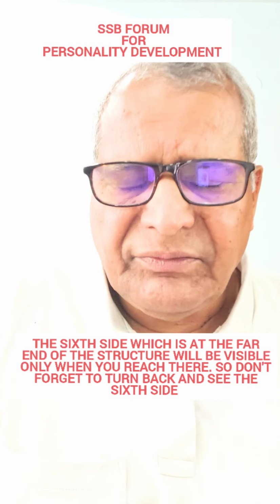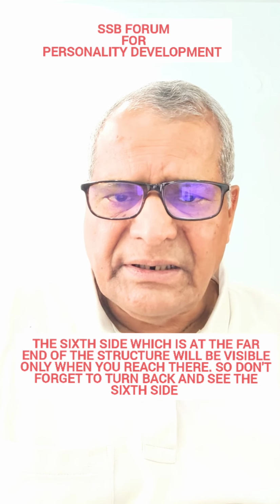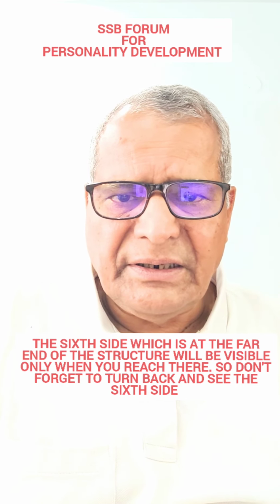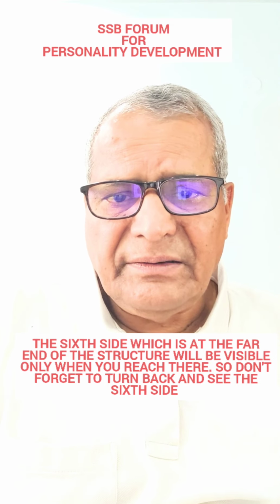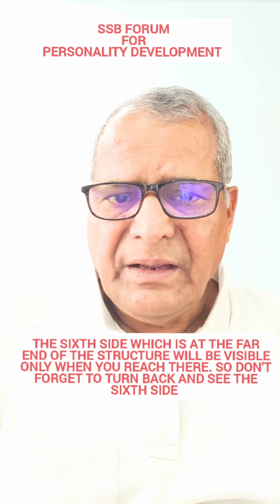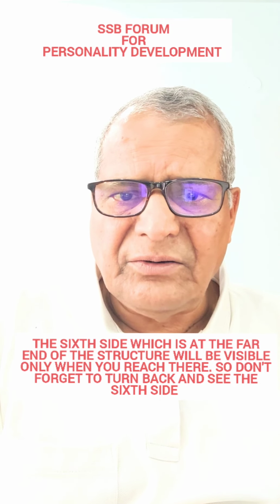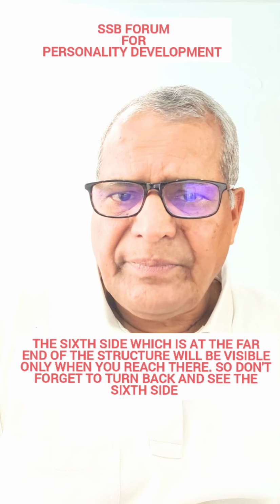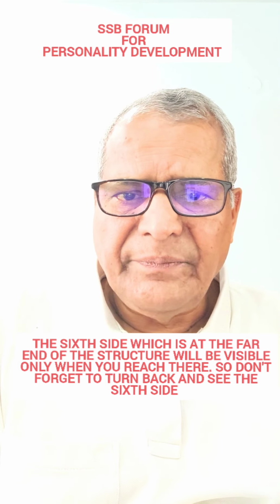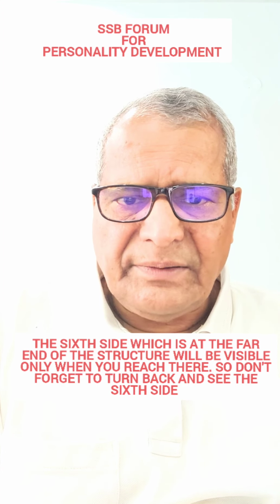So all six sides. Five sides you can see standing at the starting line, but the sixth side, the end which is far away from you, you cannot see from here. When you reach that obstacle, that structure, first, second or third, look back, then only you will be able to see that end of the structure.